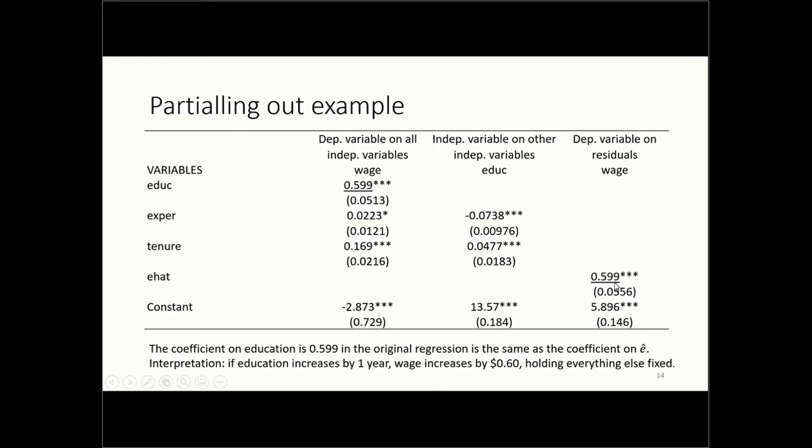And that coefficient is exactly the same as the coefficient here. So that is not a coincidence. This is exactly what partialing out means. So again, that coefficient would mean that if education increases by 1 year, wage would increase by 60 cents, holding everything else fixed because we have accounted for everything else in the model.